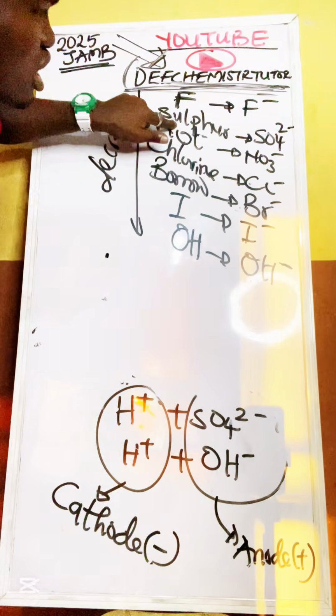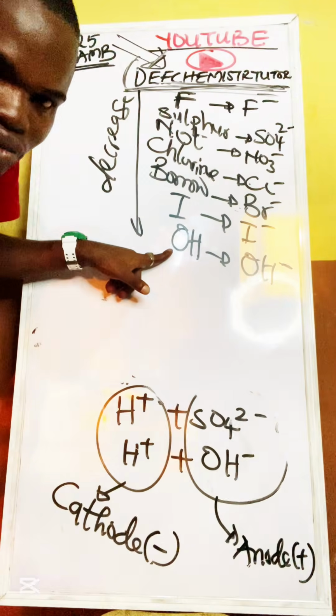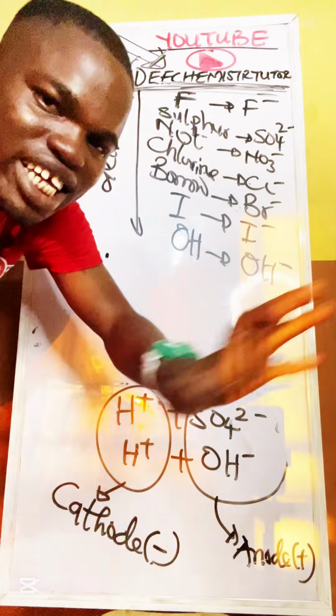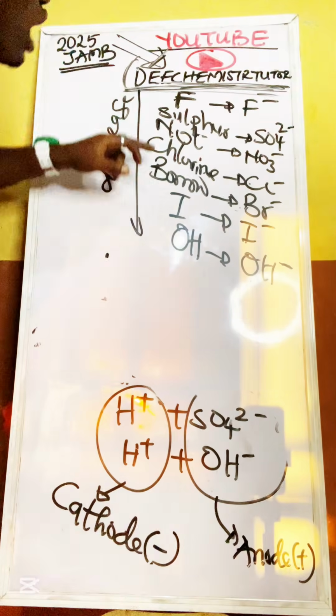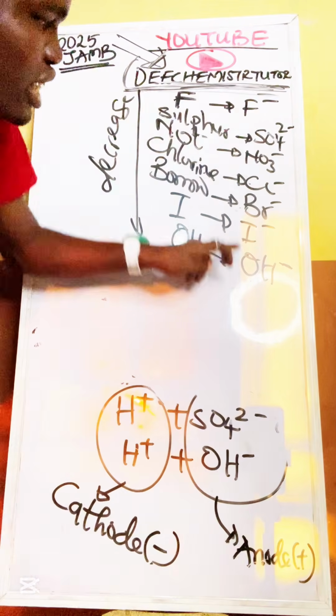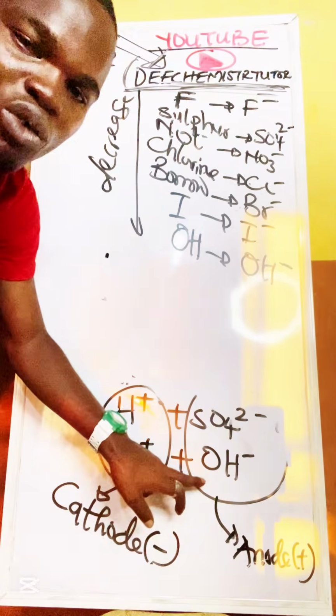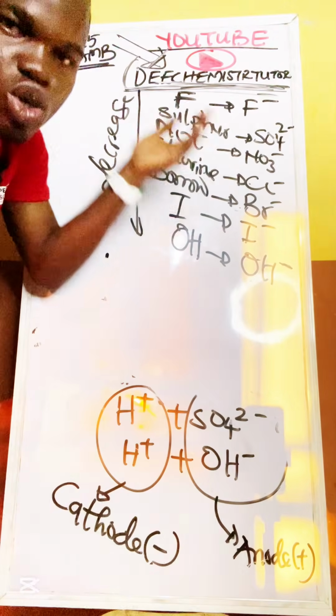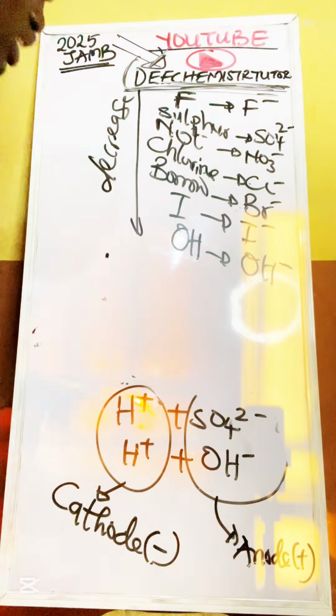Like you can see, it is stronger than OH. Now, discharge of ions is trying to tell us which one to send away, which one to eliminate, right? I would prefer to date SO4 2 minus because it's stronger than OH. So I will decide to send OH minus away and keep SO4 2 minus to myself. Okay, that is what happened.